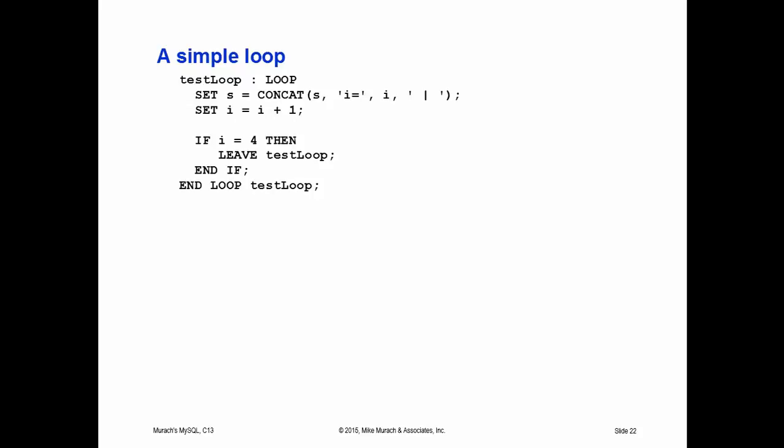This simple loop that's in here, there really isn't an exact alternative to this. Notice we give it a name, it's called test loop. We tell it to do a bunch of stuff. Then we say if it meets a certain condition, leave it, get out. This is kind of like using a break statement.